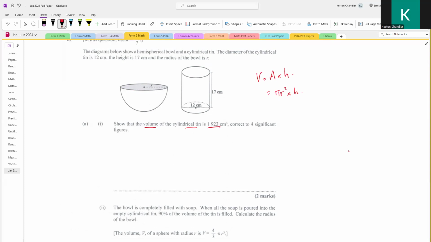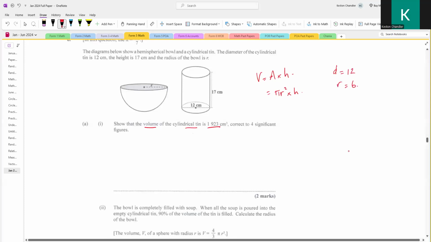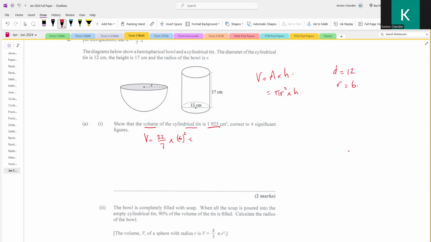The diameter is equal to 12, so the radius is 6. So the volume is equal to pi, if you take pi to be 22 over 7, multiplied by r squared, which is 6 squared, multiplied by the height of 17. We go to our calculator. 6 squared is 36 by 22 by 17 divided by 7.